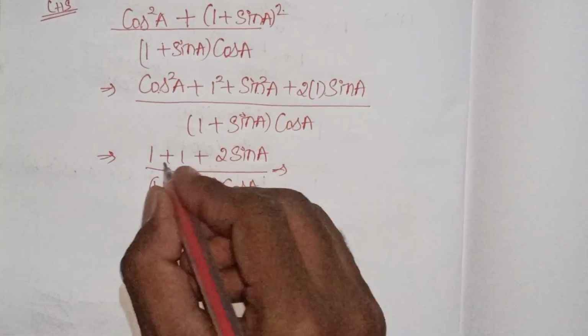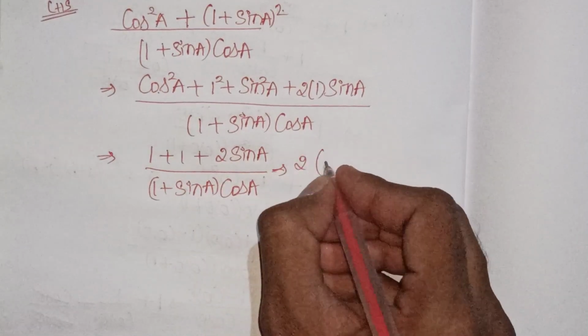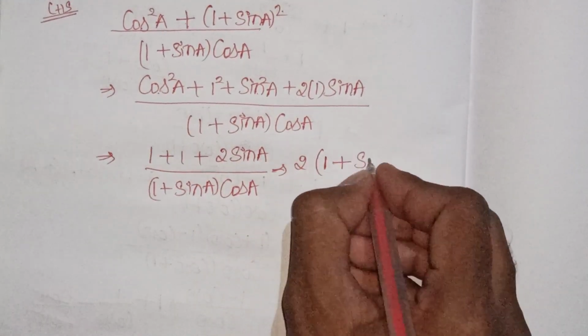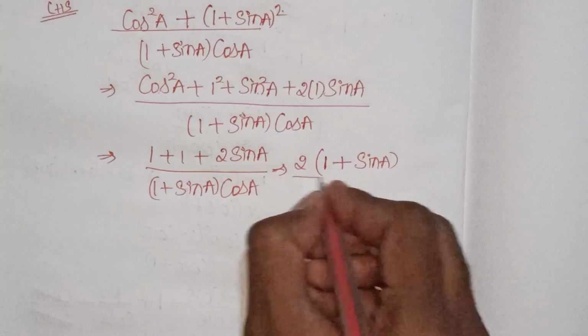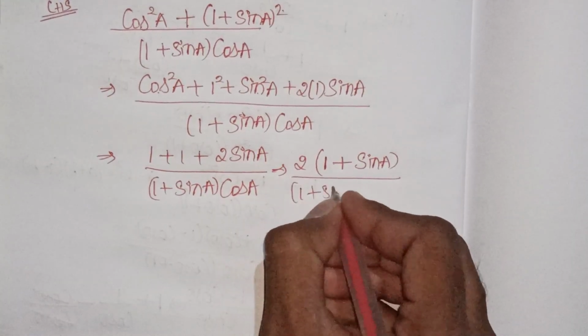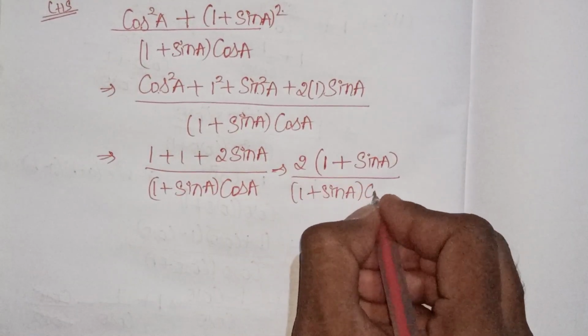In the numerator, 2 can be taken out: 2(1 + sinA) divided by (1 + sinA) into cosA.